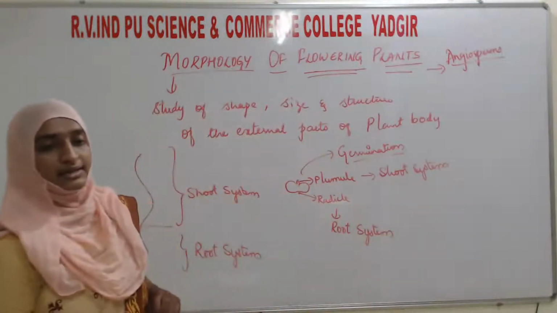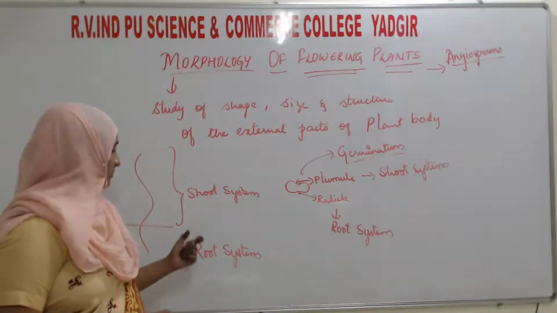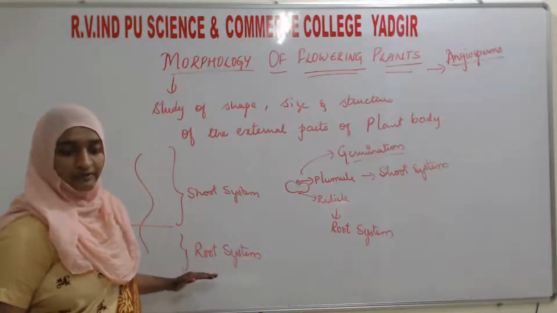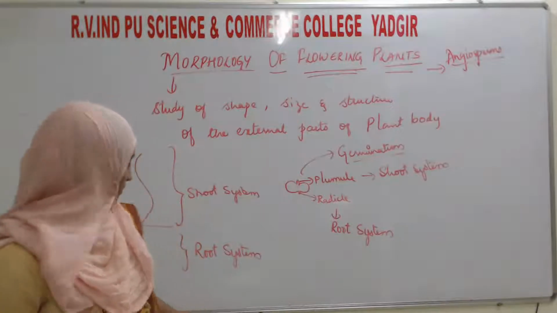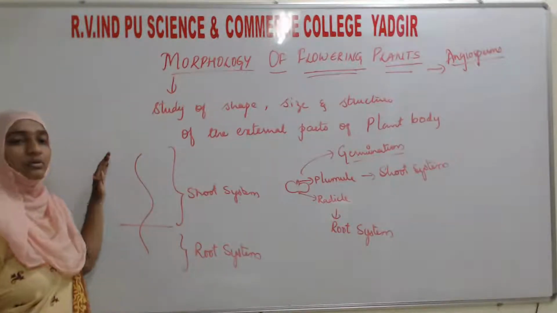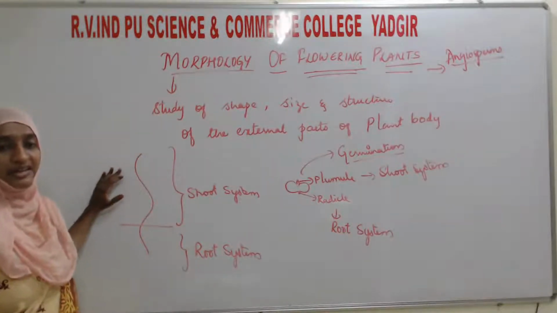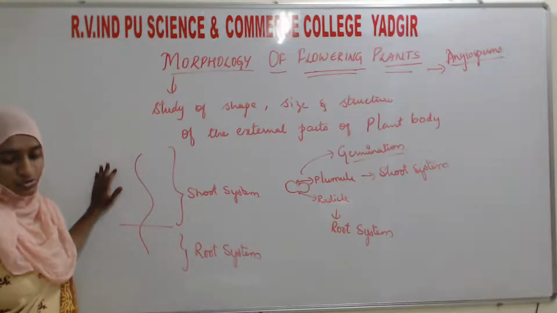The underground part, below the ground, we call the root system, and the part above the ground, the aerial part, we call the shoot system.